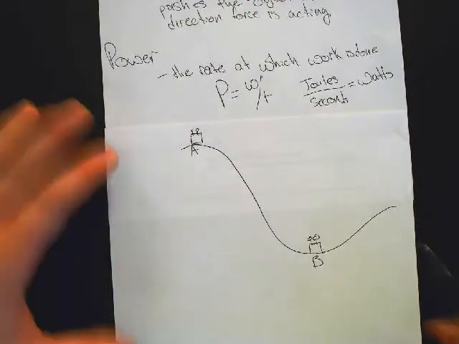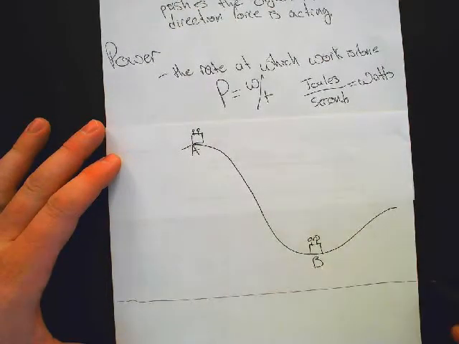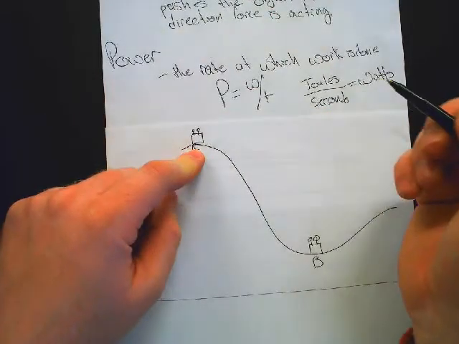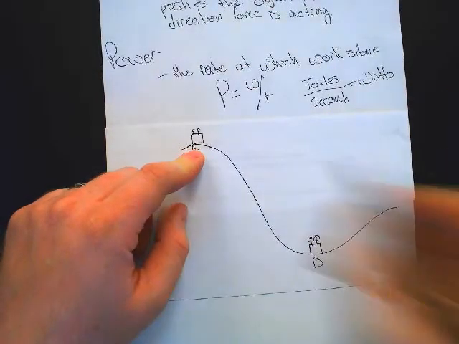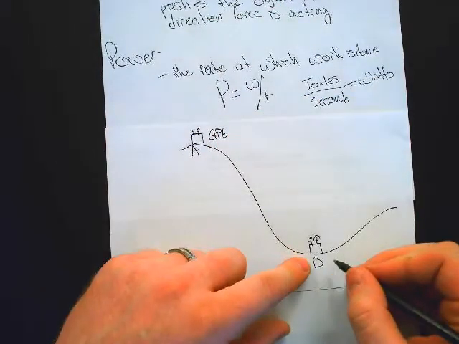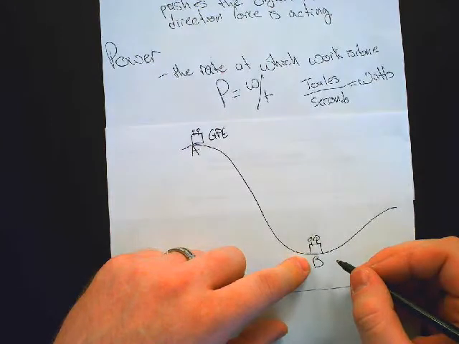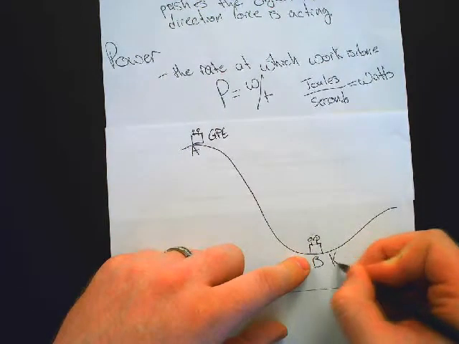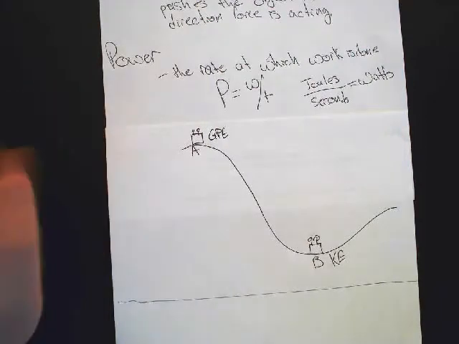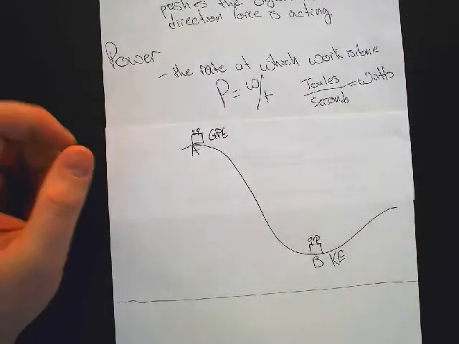Okay. We also said that if that was above the ground a little bit, what kind of energy did we have at point A mostly? Gravitational potential, GPE. At point B, what kind of energy did we have? Kinetic energy. Could we have gravitational potential energy there? Yes, if what? If you're still above the ground.